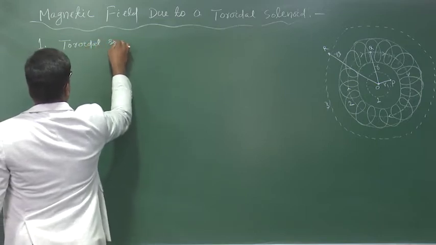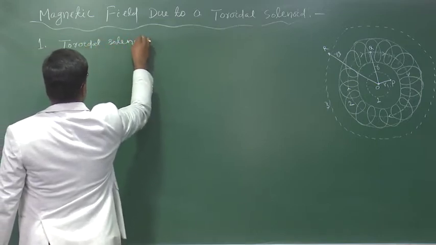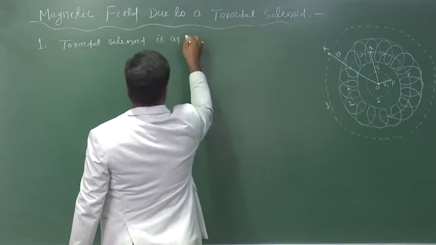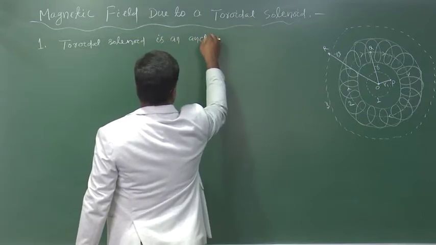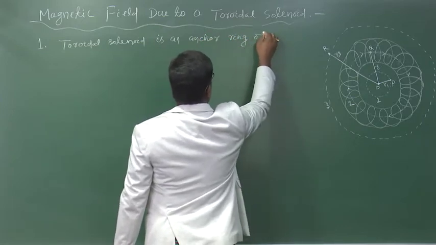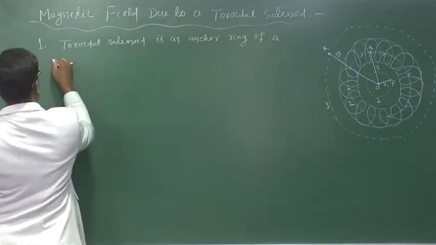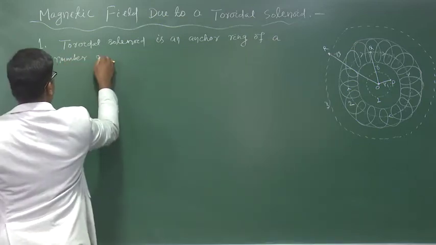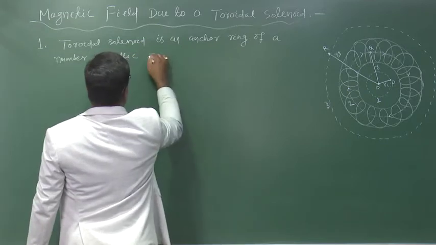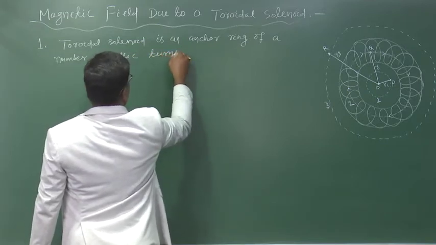A toroidal solenoid is an anchor ring of a number of metallic turns wound.